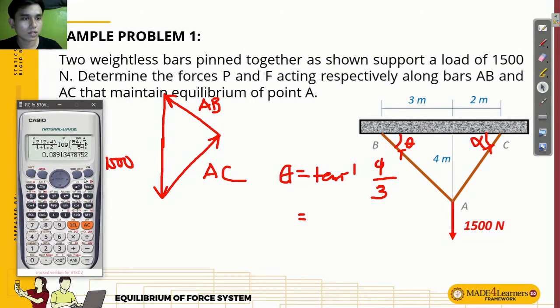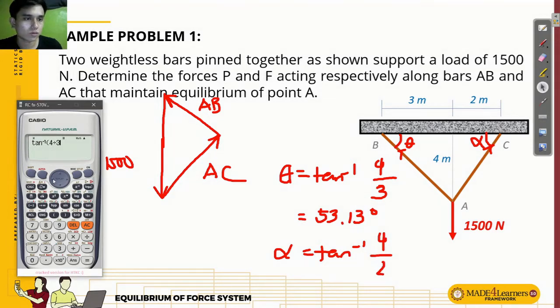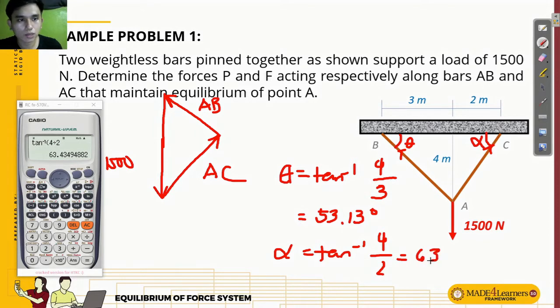So theta is equal to 53.13 degrees. And then alpha, we have arctan, opposite 4, adjacent 2. So alpha is equal to 63.43 degrees.